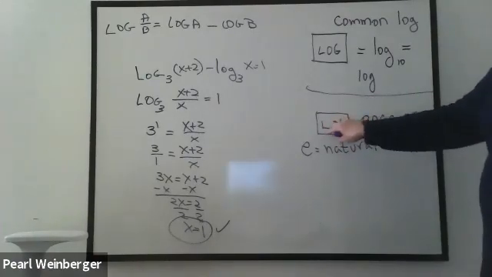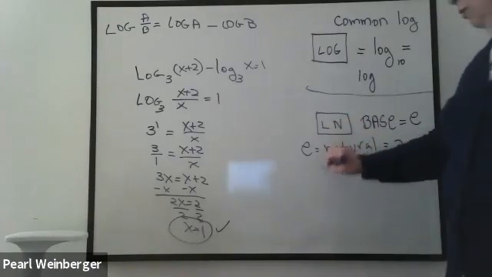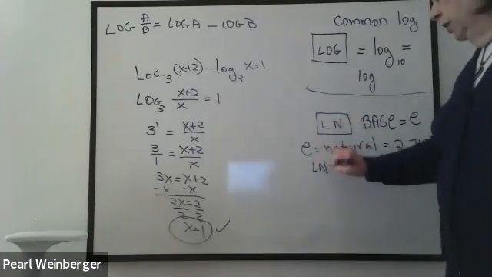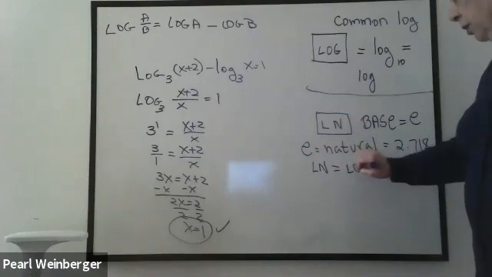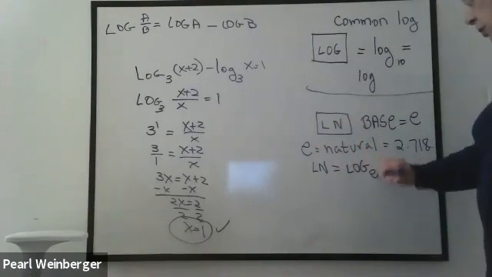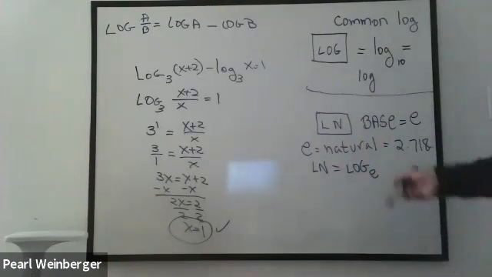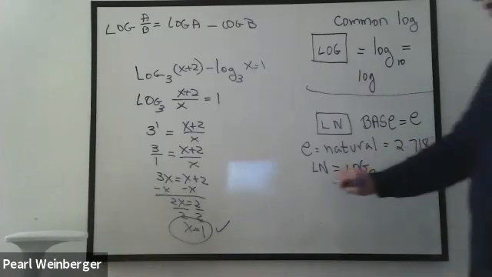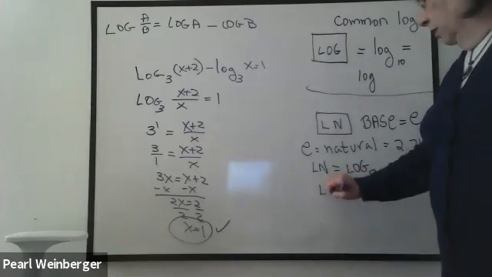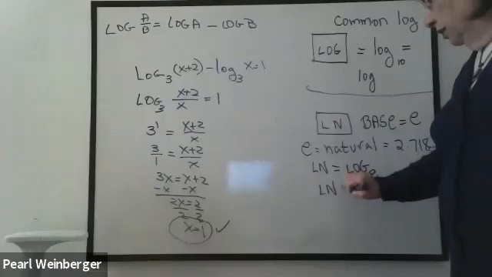The natural log is ln, and what ln means is really log where you're using as your base the special number E. You might be asked to find, what is ln E?